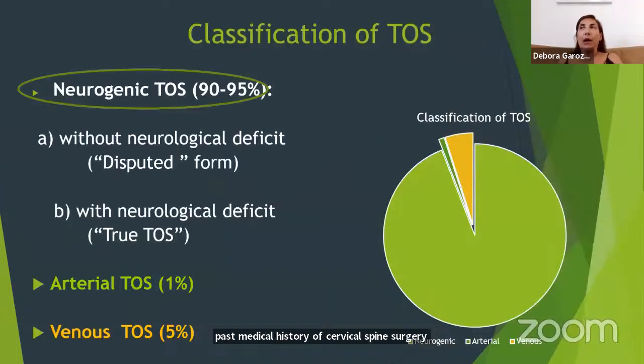Now, when we talk about the clinical presentation, we know that it varies depending on the structures of the neurovascular bundle, which are mostly affected by the compression. We have a quite negligible percentage of patients that present vascular forms, and then the vast majority of patients, up to 95%, are those that present a neurogenic TOS.